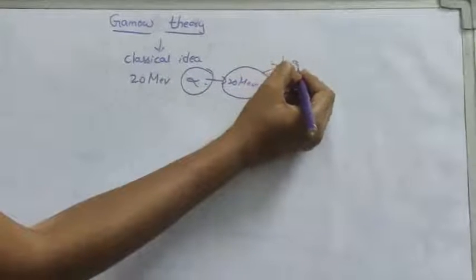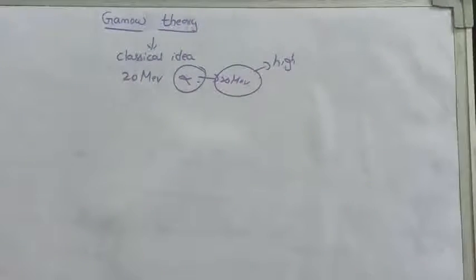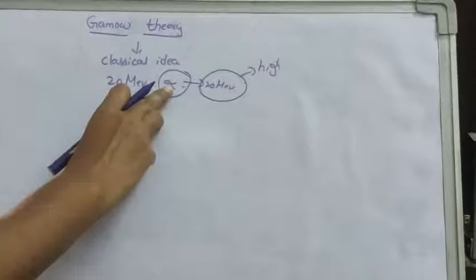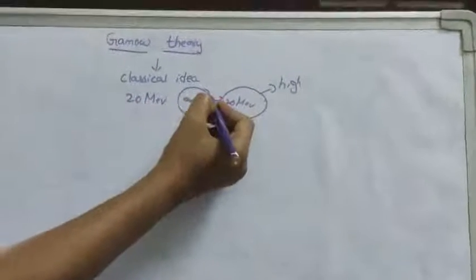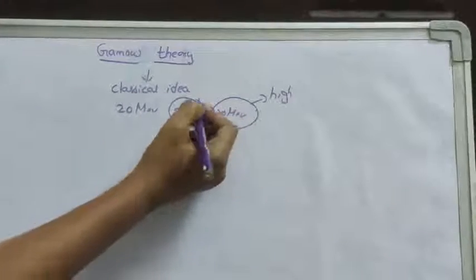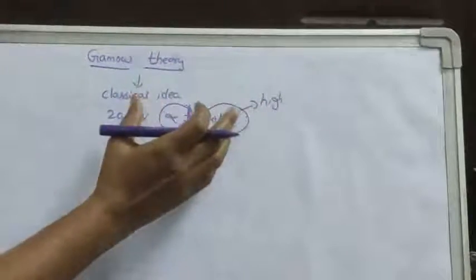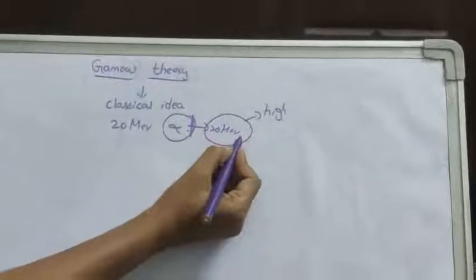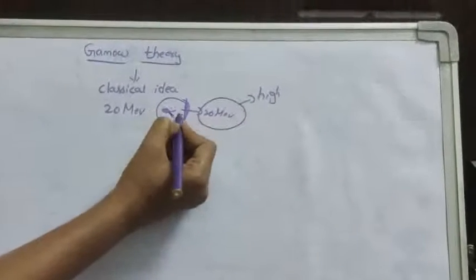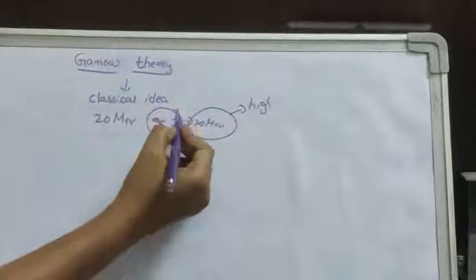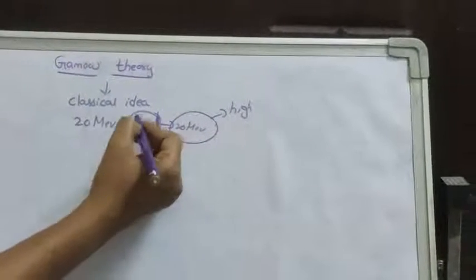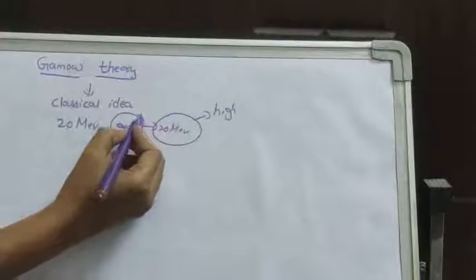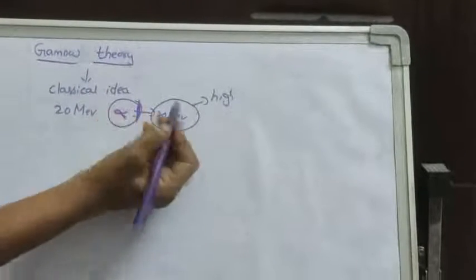But the energy of the alpha particle is less when compared to the barrier height. The minimum energy to escape from the nucleus is 20 mega electron volt, but the alpha particle has less energy when compared to the barrier height of the nucleus.